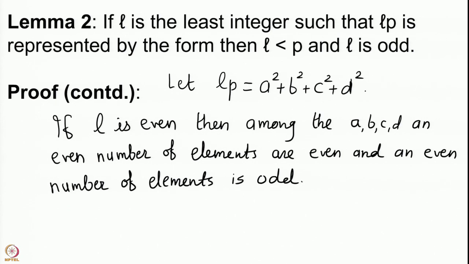Suppose that a is odd and b, c, d are even. If that is the case, then b square plus c square plus d square is even, and a is odd. So, a square plus this even thing will give you an odd number, which will mean that LP is odd, so L cannot be even.